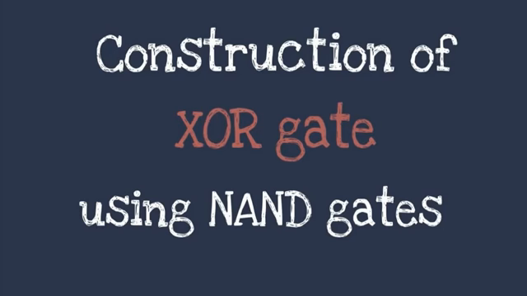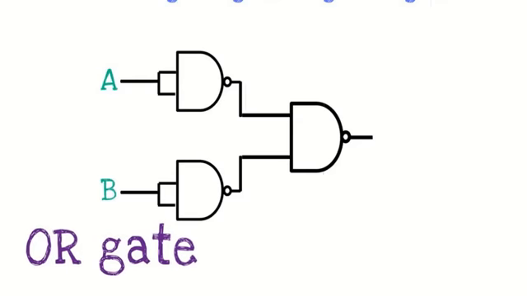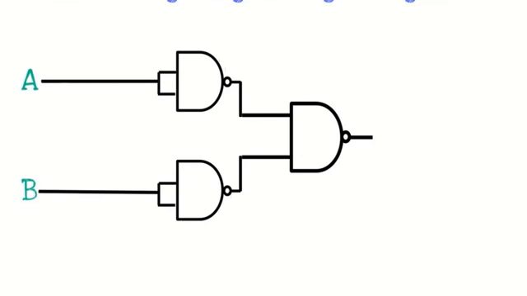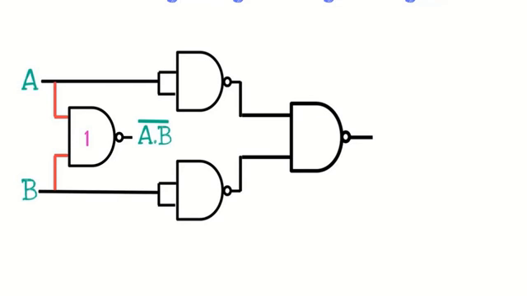Now how to construct XOR gate? Can we change the connections of the OR gate from before? Yes. We make two changes to this input. We connect one NAND gate to the inputs, and the output of this NAND gate is A dot B bar, taking A and B as input.